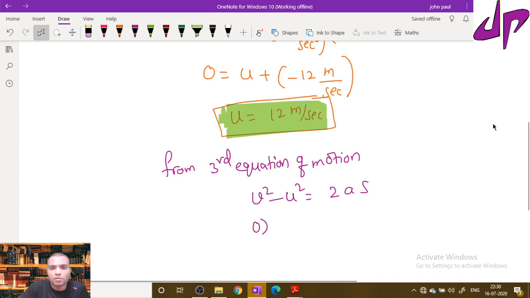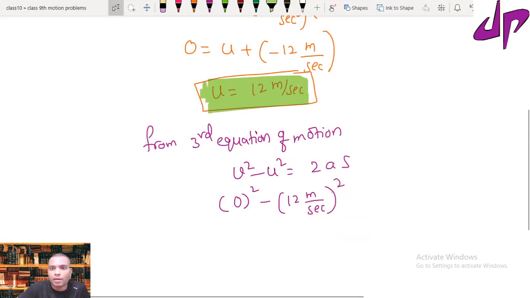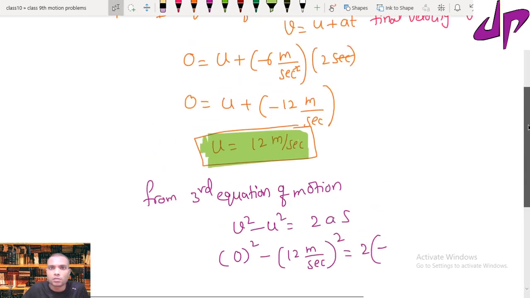So v value equal to 0, and the u value I just figured out is 12 meter per second whole square, which equal to 2 times acceleration equal to minus 6 meter per second square of s. Yes, we need to find s.